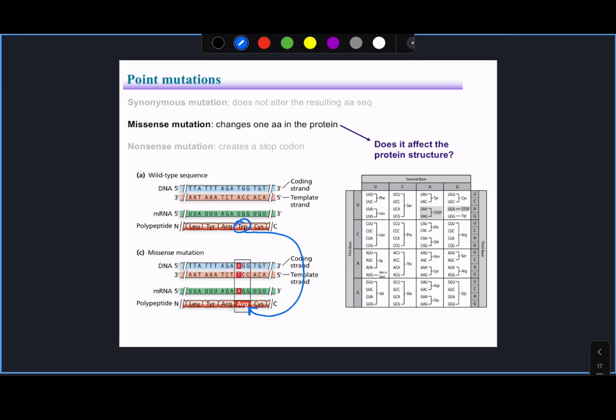Yeah, but if it turns out that that glycine had to fit in an atomic pocket within the structure of the protein, and now you stick a larger alanine there and it can't, then you might mess with the structure of that protein anyway, right? So it's very, very hard to predict what's going to happen.